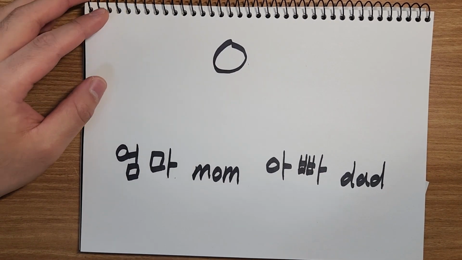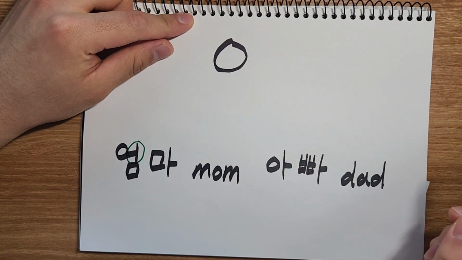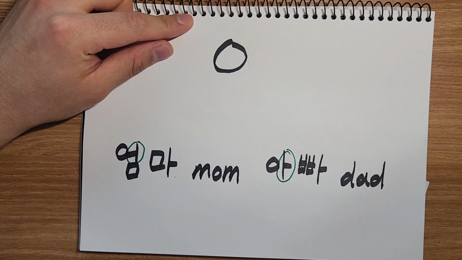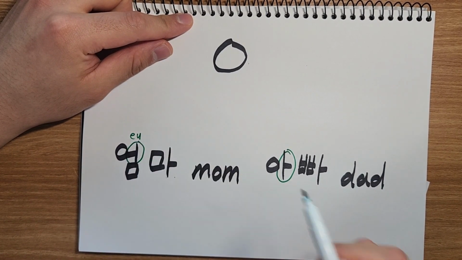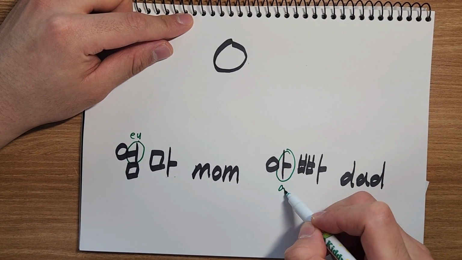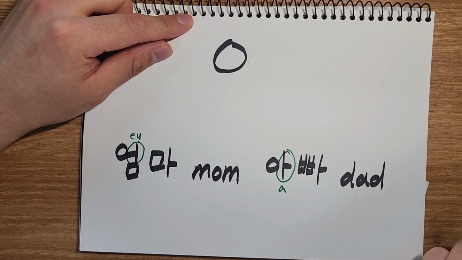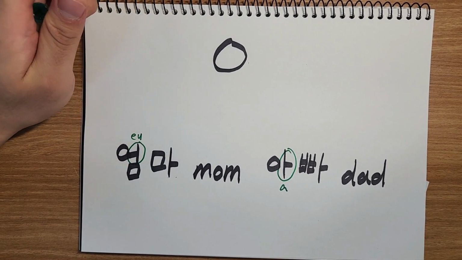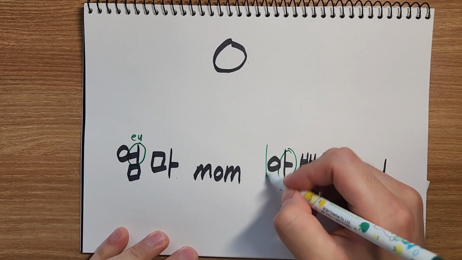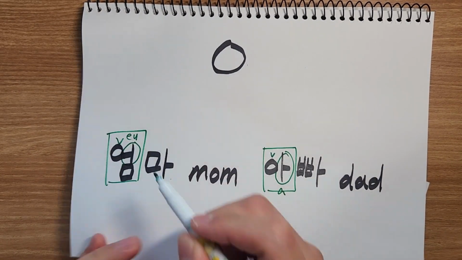What I did is just make a sound from the vowel, like this and this. So 이응 actually doesn't have a sound when it comes to the first of the syllable, like here and like here.